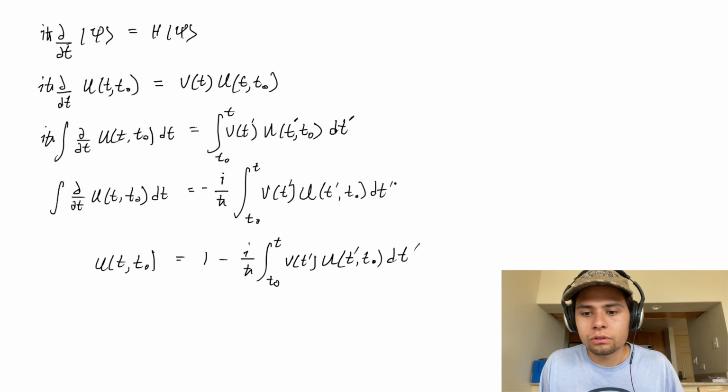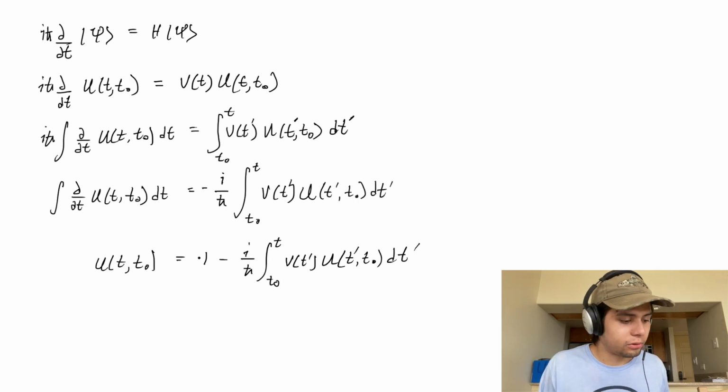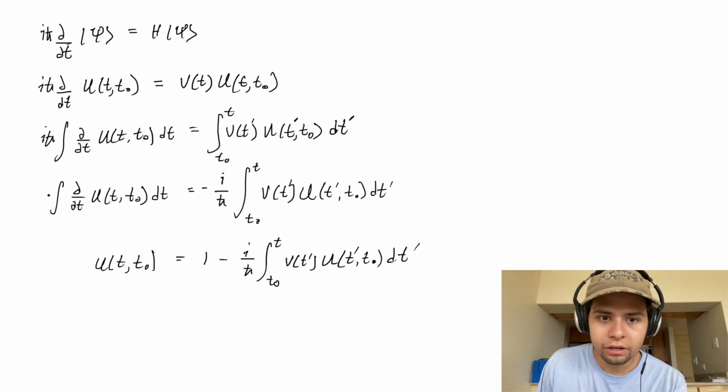So then this whole thing just goes to 0, but u of t at t naught has to be 1. So that means we have to put this 1 right here in order for that to work out. Okay, so this here is the unitary operator.